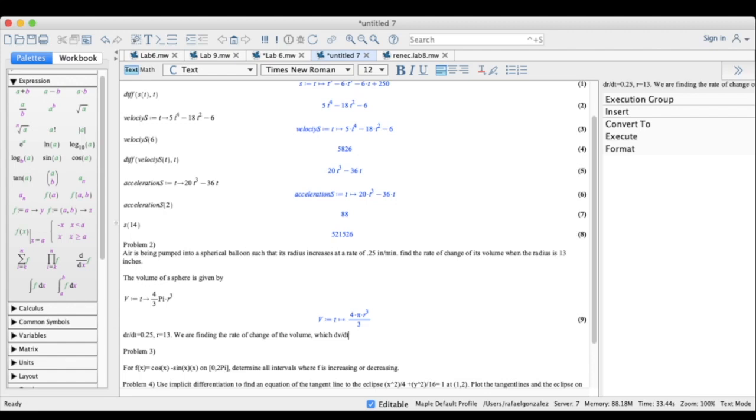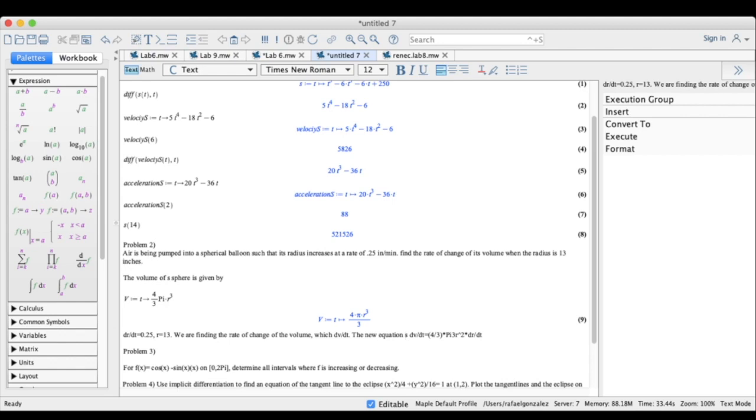So the new equation will be the following. dV/dt equals, like we were saying, 4 divided by 3 times pi, and then the derivative of r cubed, which is 3r squared, times dr/dt.